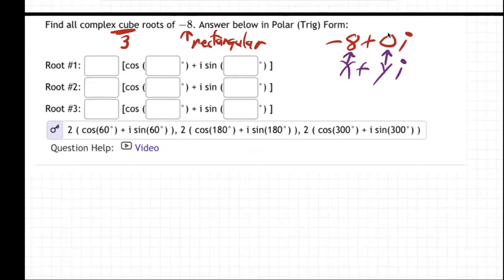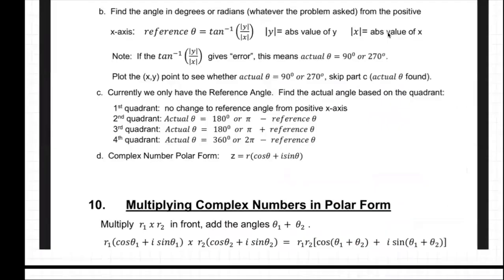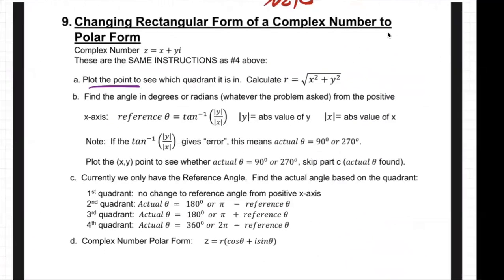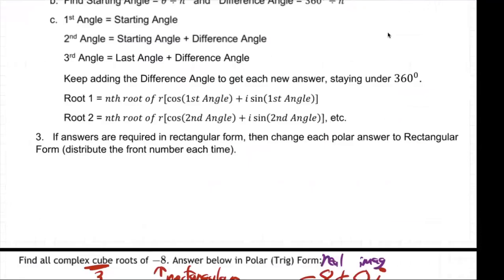So in other words, you've got to have a real part and an imaginary part. A complex number has a real part and an imaginary part. And so with that in mind, first thing we have to do is plot the point, see which quadrant it's in, and calculate r. So let's plot this point.